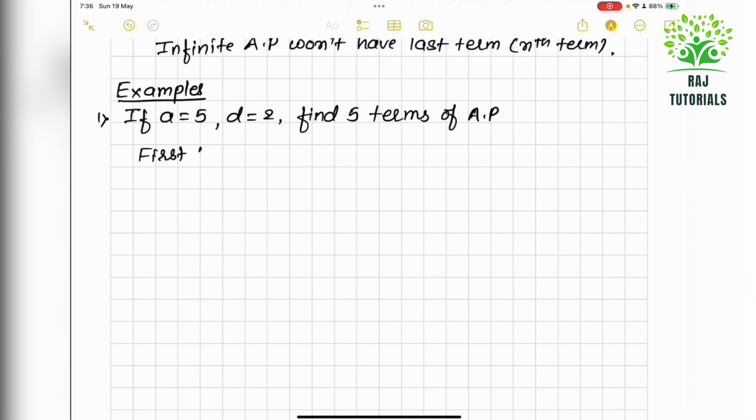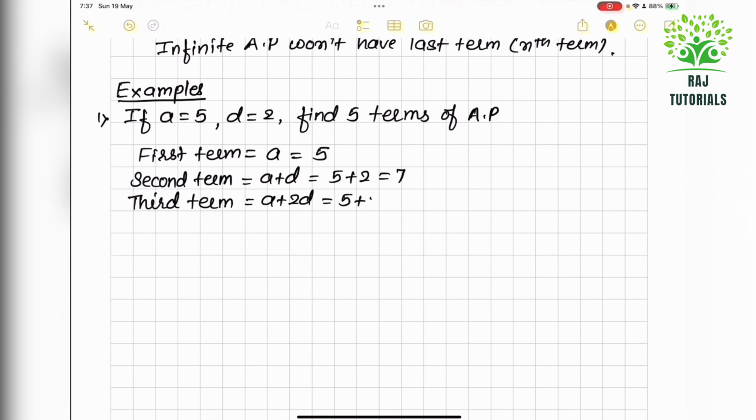Second term A plus D, that will be 5 plus 2, so that will be 7. Third term A plus 2D, that is 5 plus 2 into 2, so 9.